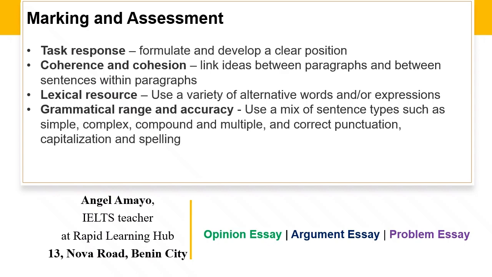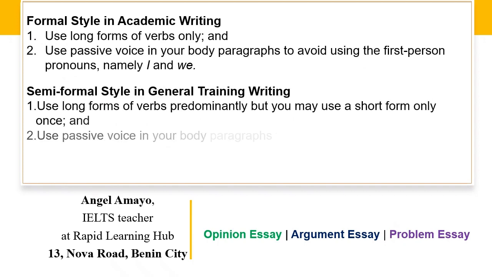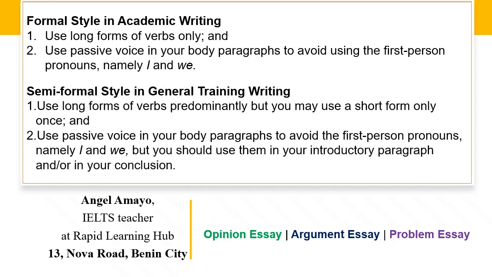To make your academic writing formal in style, do the following. Use long forms of verbs only in your academic writing, and use passive voice in your body paragraphs to avoid using the first person pronouns, namely I and we.